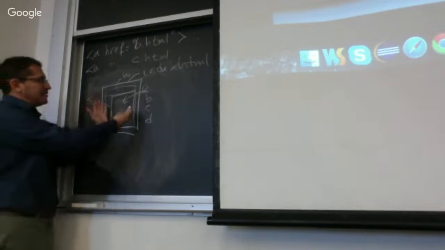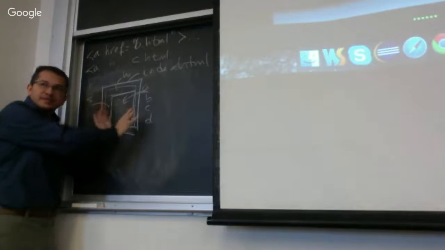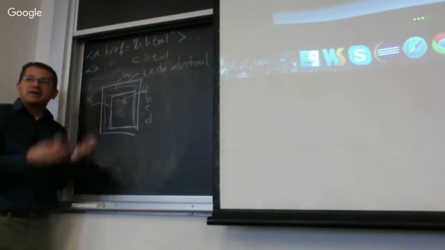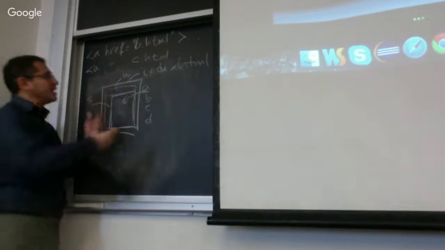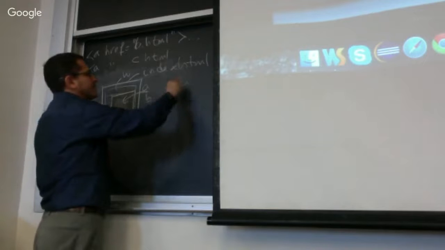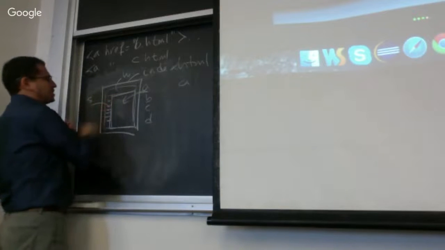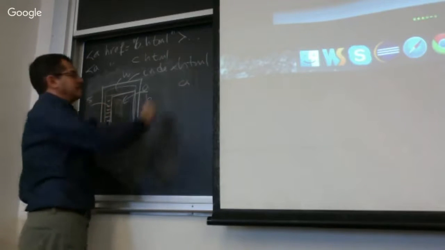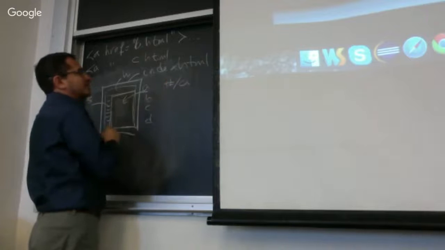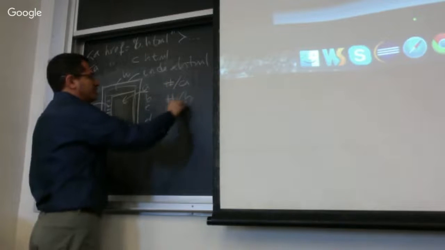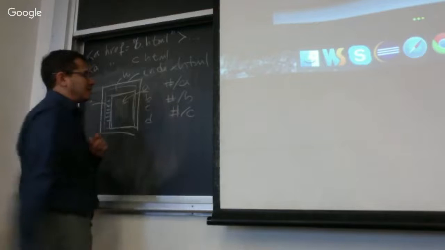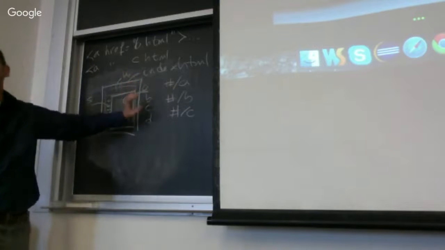In index.html, we're just going to leave an empty placeholder. Then the routing mechanism is going to say, if they clicked on one of these hyperlinks, on hash A or hash B or hash C, I will load A, B, or C.